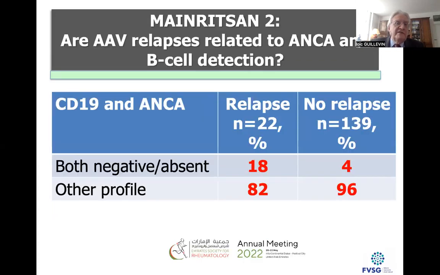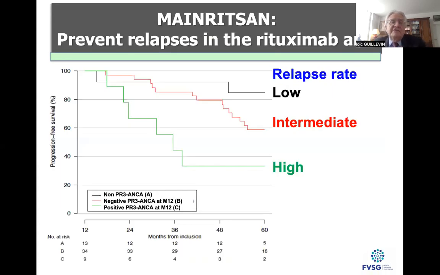And if we look more carefully at the interest of CD19 and ANCA titer, there is no significant difference between both groups. In fact, after these 2 trials, the RAVE trial and our MAINRITSAN trials, it is possible to have different subgroups.